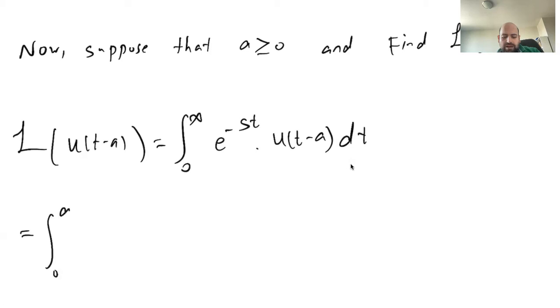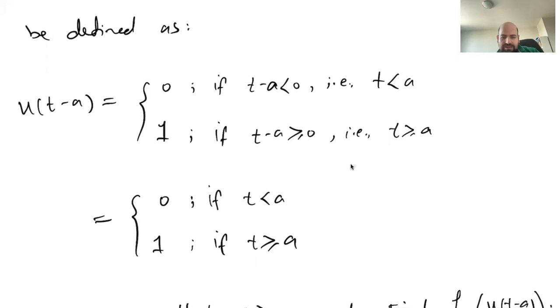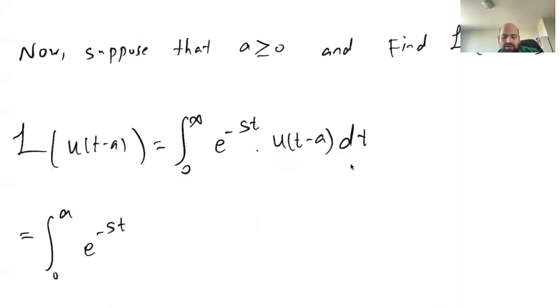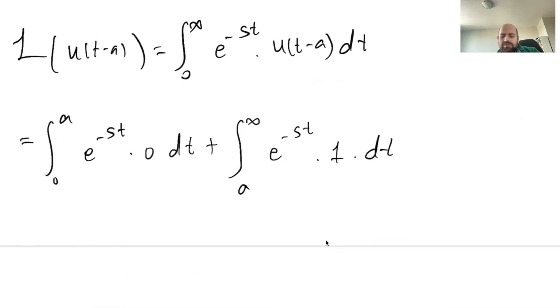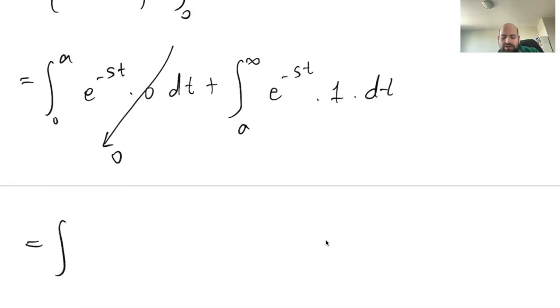For the integral from 0 to a, for t less than a, u of t minus a is 0, so it's e to the power minus st times 0 dt. And from a to infinity, it will be times 1 dt. The first part will be 0 because 0 times anything is 0, so I'll be left with the integral from a to infinity of e to the power minus st dt.